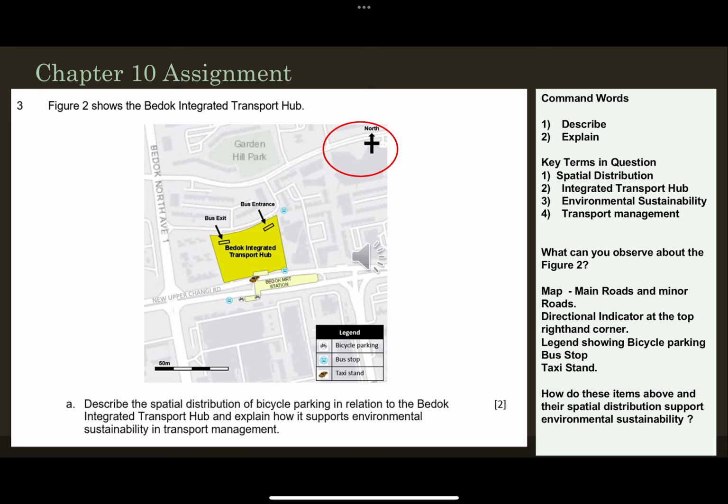Describe the spatial distribution of bicycle parking in relation to Bedok Integrated Transport Hub, and explain how it supports environmental sustainability in transport management. I think it is pretty simple for you to do a brief description of the spatial distribution of the bicycle parking in relation to the Bedok Integrated Transport Hub.